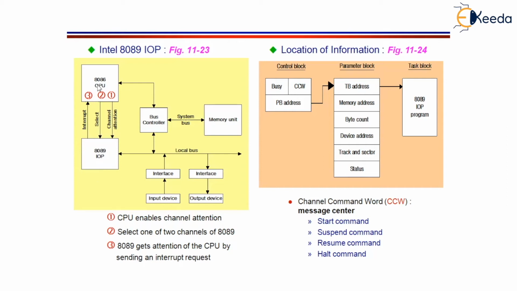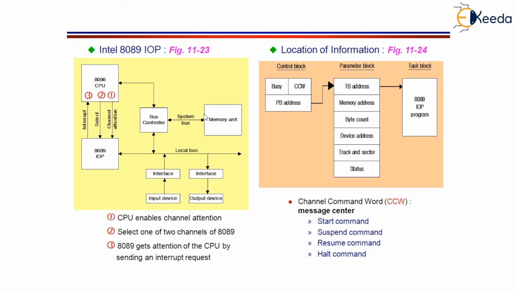When there is an IO program in the regular program, 8086 is going to talk to the 8089. But when the devices try to communicate, 8089 will be initially interrupted by the devices, after which the 8089 is going to interrupt 8086. The moment 8086 receives the interrupt, it is going to examine the task to be carried out, after which again the process will be the same.